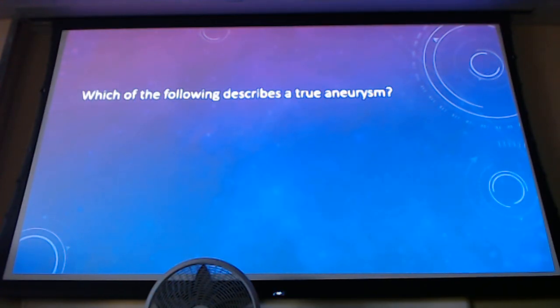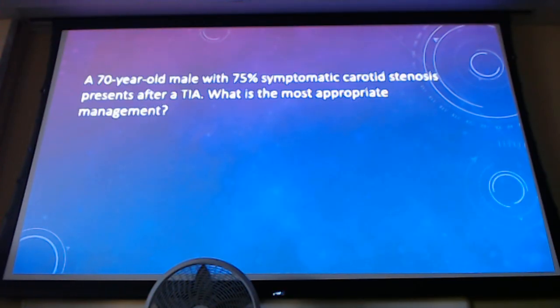Okay. Which of the following describes a true aneurysm? What are all the layers? Tunica intima, tunica media, and tunica adventitia. I would know those layers. Okay? It's not just knowing all the layers, but knowing what those layers are called.